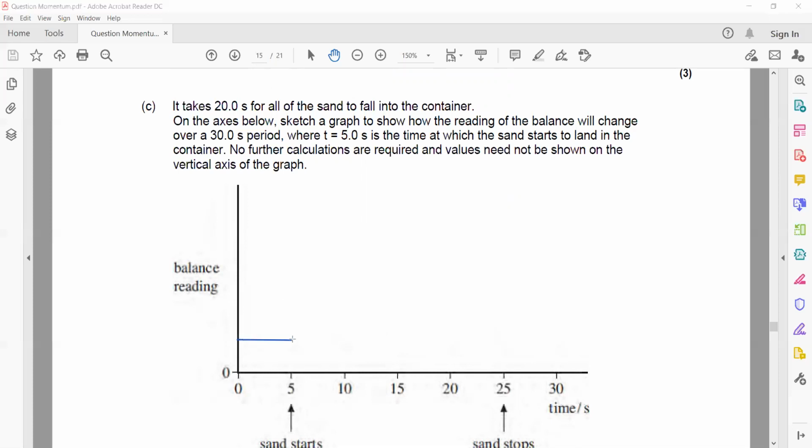That is why it is a horizontal line. But when time equals 5 seconds, that is the time at which the sand starts to land. As the sand starts to land, the mass will start to increase, but it is increasing at a constant rate. So it will increase until 30 seconds. Is it clear?